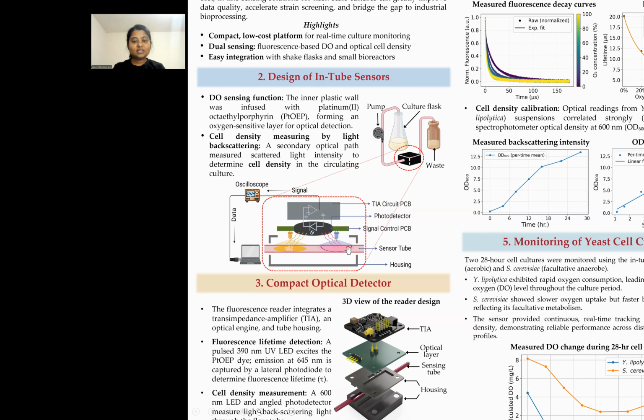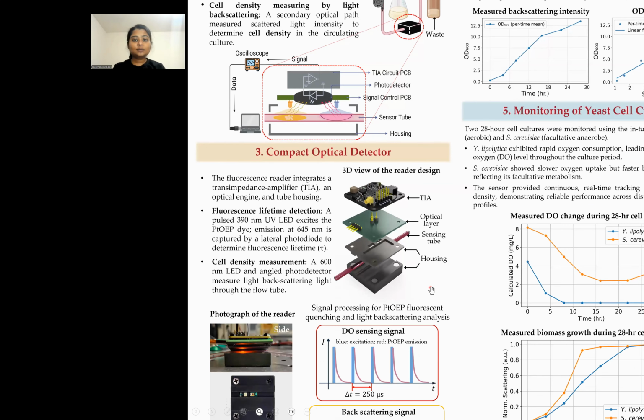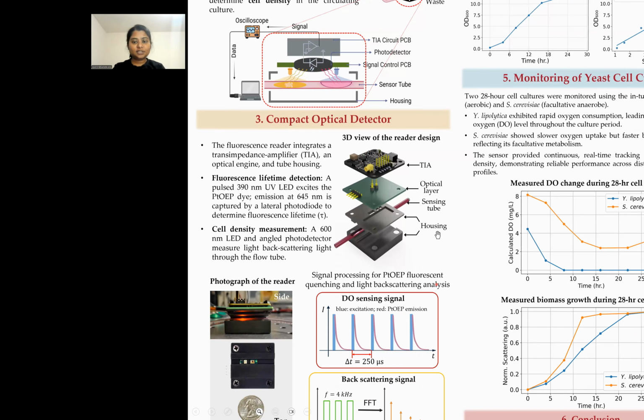Both the signals, the fluorescence as well as the backscattering, are collected using the photodetector. Then this collected signal is amplified using the trans-impedance amplifying circuit, and then the signal is processed using an oscilloscope and a computer. Let's look more into our optical detector.